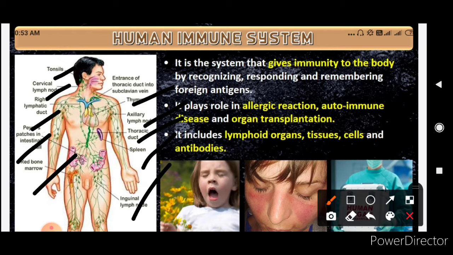It is a system that gives immunity to the body by recognizing, responding, and remembering foreign antigen. It plays a role in allergic reactions. Whenever you get an allergy, the response you are getting is due to the immune system. Autoimmune diseases, organ transplantation. And it includes lymphoid organs, tissue, cells, and antibodies.